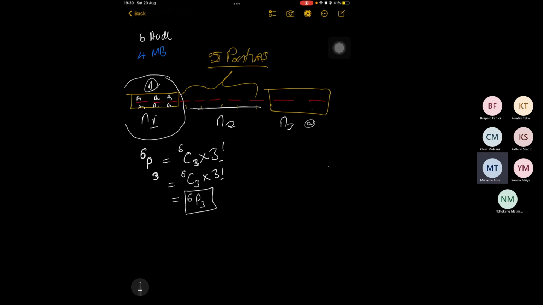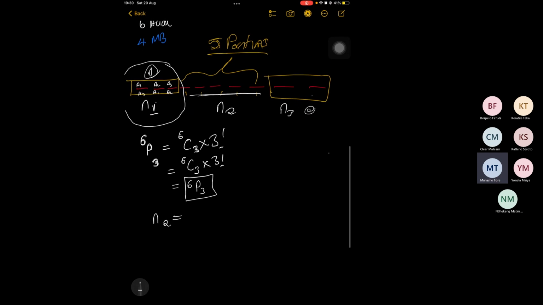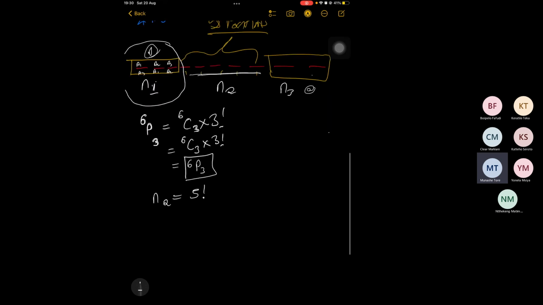But we don't care about the order, the arrangement of the cars in such positions. Even if it's Audi, MB, or whatsoever, it's still fine. We really don't care about this because it wasn't mentioned. So for the middle position, it's going to be 5 factorial.